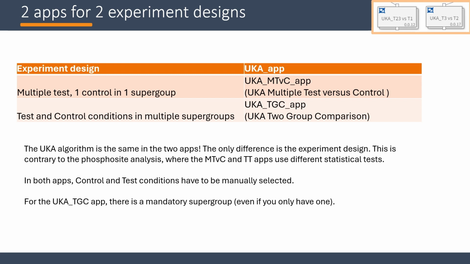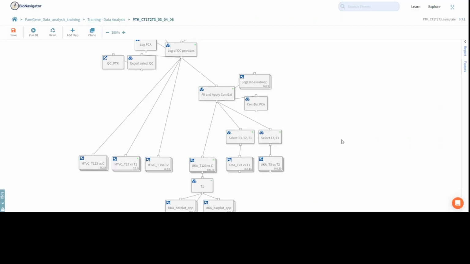Now, let's go to Tercen. In the C-T1, T2, T3 workflows, we have both the UKA_MTvC and UKA_TGC apps. Only the T3 versus T2 comparison has to be run with the UKA_TGC app, since the UKA_MTvC app always expects multiple test conditions. You can't really see which app it is, but they have different version numbers.